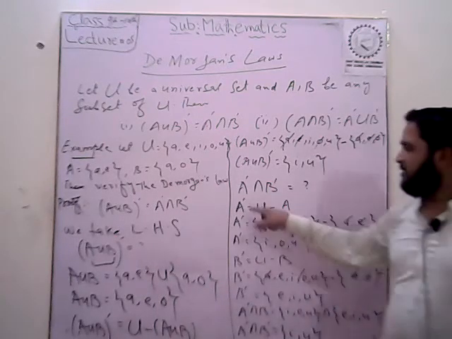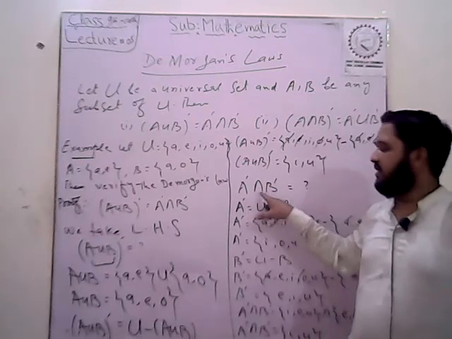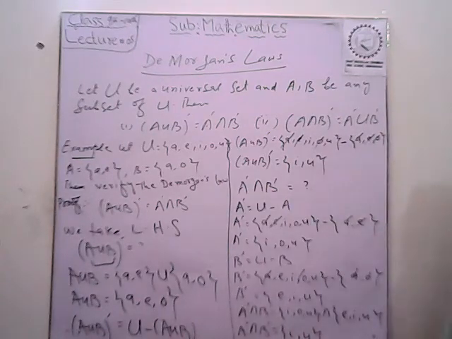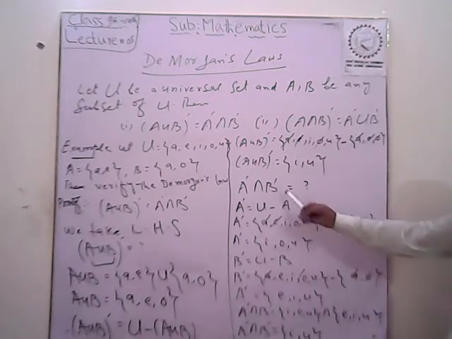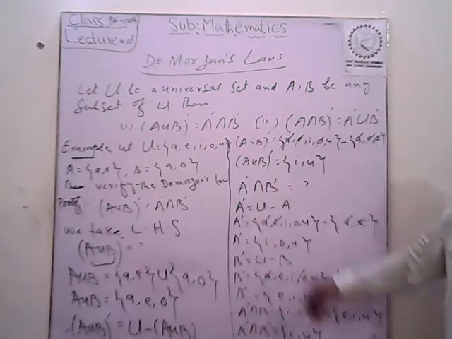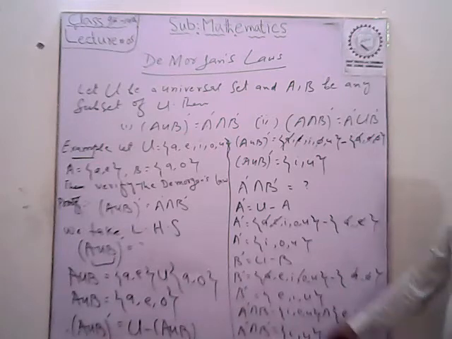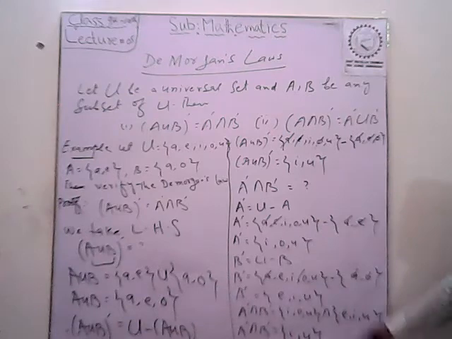Now we take the right hand side, A complement intersection B complement. First I want to solve A complement. Now A complement is equal to U minus A, which means we have to find A complement. A complement is equal to {A, E, I, O, U} subtract {A, E}. A, E will cancel.